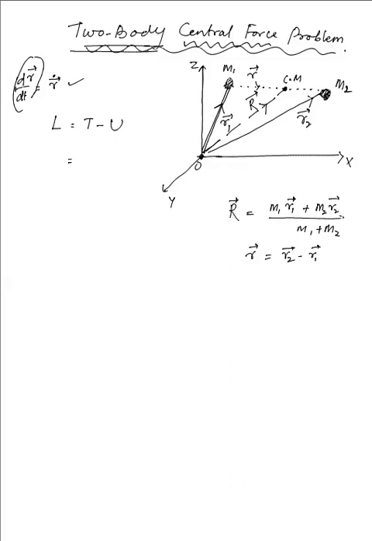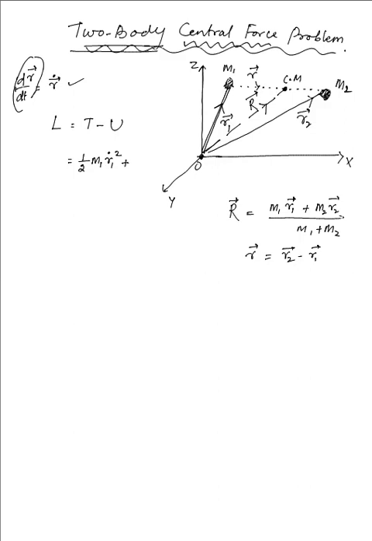As far as the Lagrangian of the system is concerned, the kinetic energy terms will be for both masses and the relative change in their position vectors with respect to the given origin. So we have half m1 r1 dot squared, the kinetic energy for particle 1.